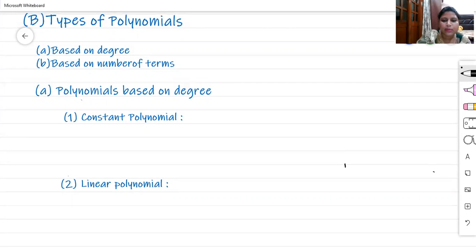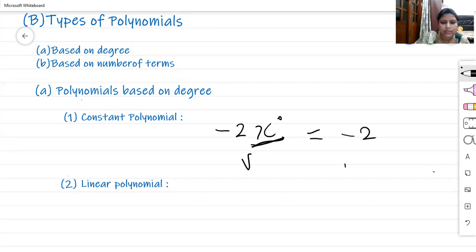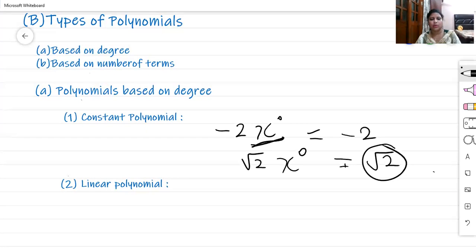Examples of constant polynomials are minus 2 x naught. Here the degree of x is 0, so this is called a constant polynomial. And you can consider root 2 x naught, which equals only root 2. This is also called a constant polynomial.